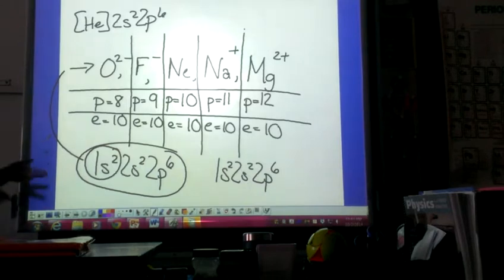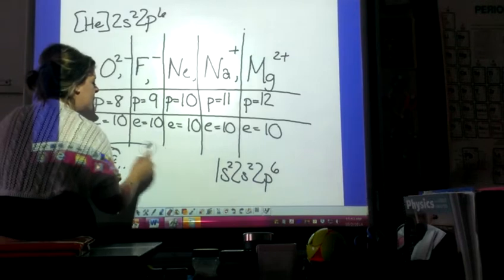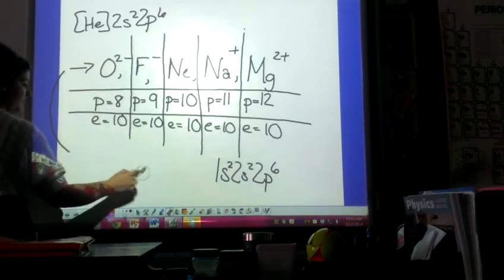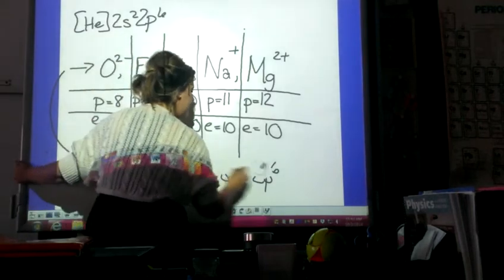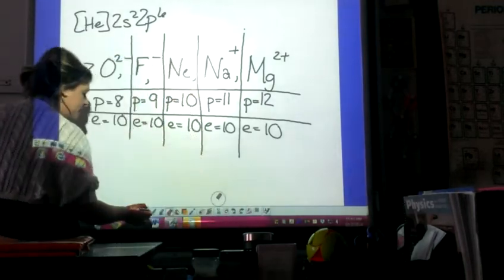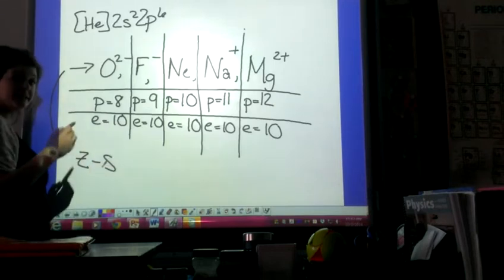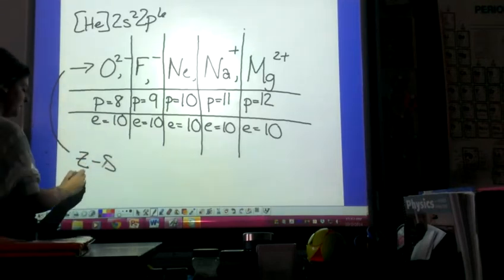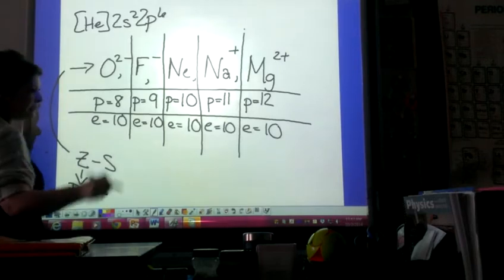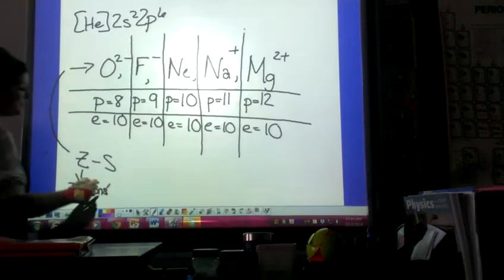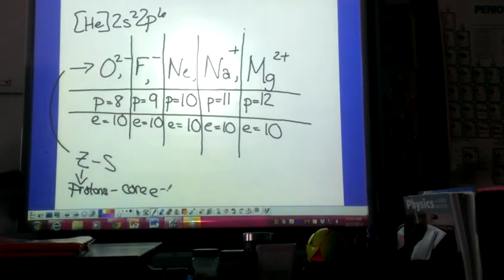Now let's calculate effective nuclear charge. Remember, it is Z minus S, where Z is the number of protons, or atomic number, and S is the shielding constant, which is really just the core electrons.